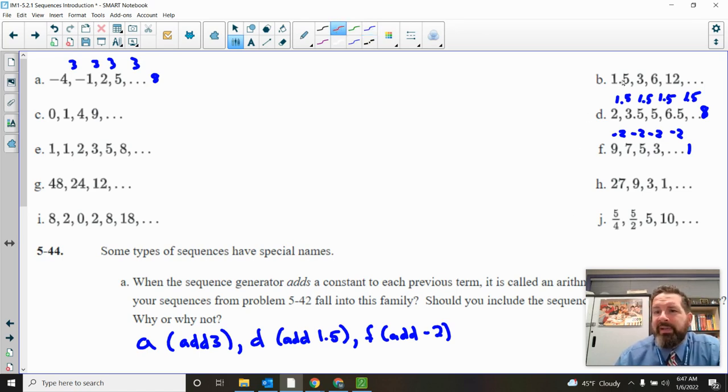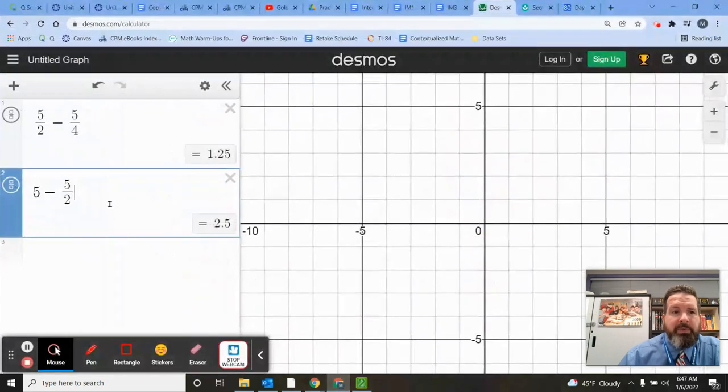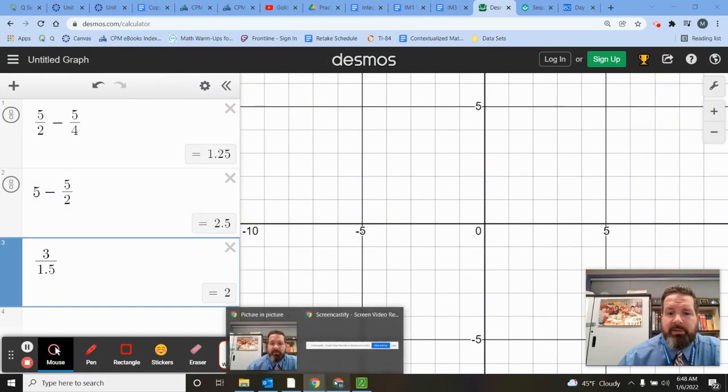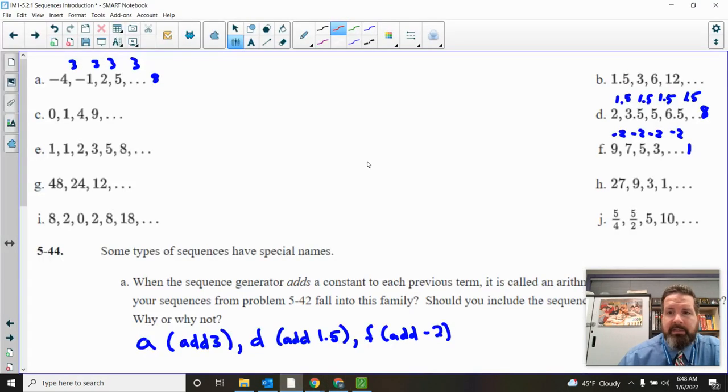To go from 1.5 to 3, how much do you multiply by? The way you check that is by doing a division. Take the back divided by the front. So do 3 divided by 1.5. Okay, it's a multiplier of 2. So I'm going to go back to here, multiply by 2.